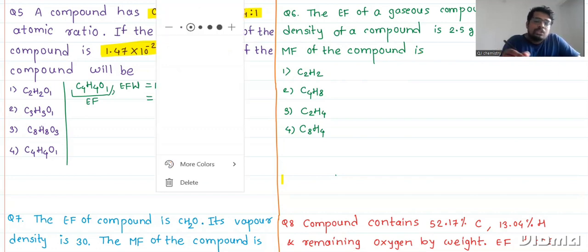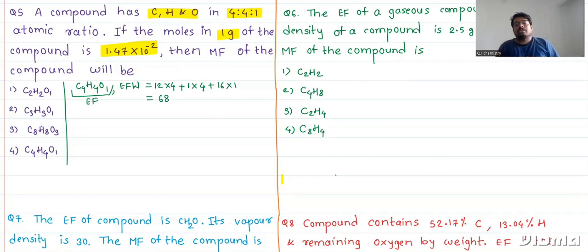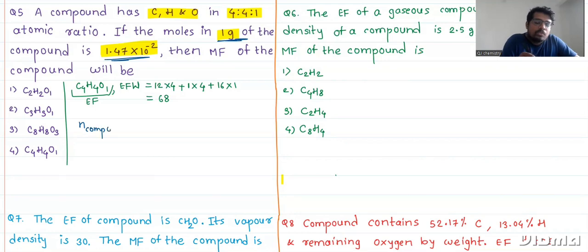Now, what is required? The molecular formula weight is needed. Now, how to calculate the molecular formula weight? In the question it is mentioned that the moles in 1 gram of the compound is 1.47 into 10 to the power minus 2, right? So we know the formula for the number of moles of a compound: number of moles is equal to given weight divided by molar mass.